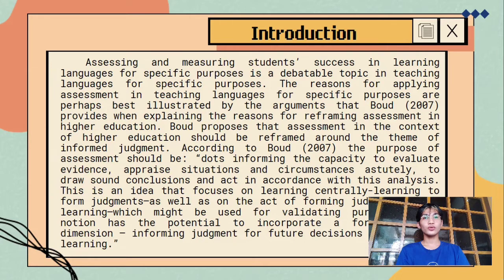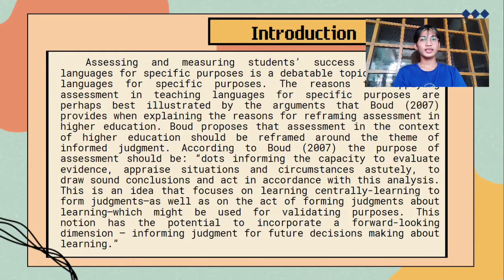Last is to draw conclusions to understand the information. According to Boud 2007, the purpose of assessments should thus be informing the capacity to evaluate evidence, appraise situations and circumstances astutely, to draw sound conclusions, and act in accordance with this analysis.